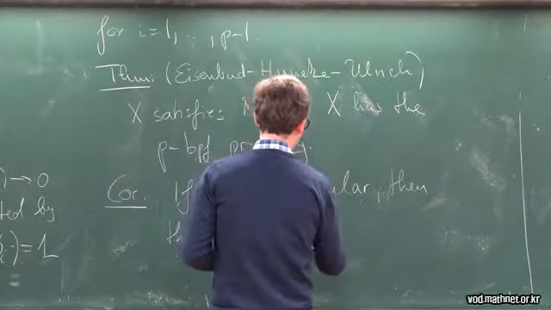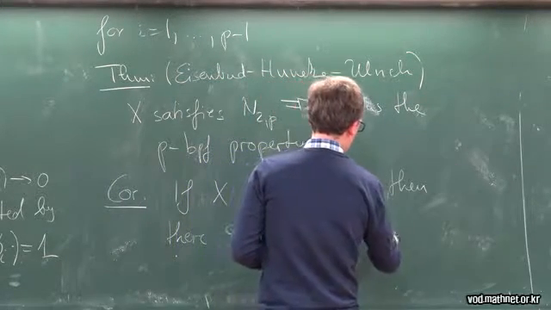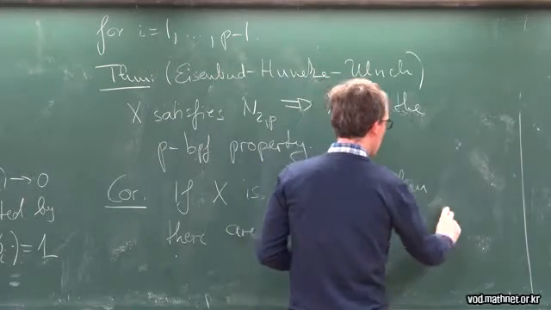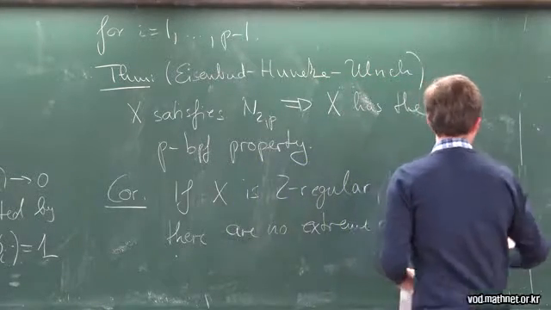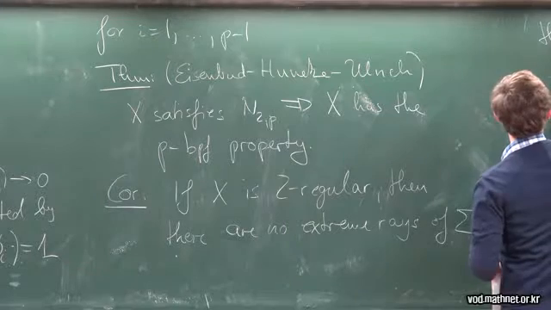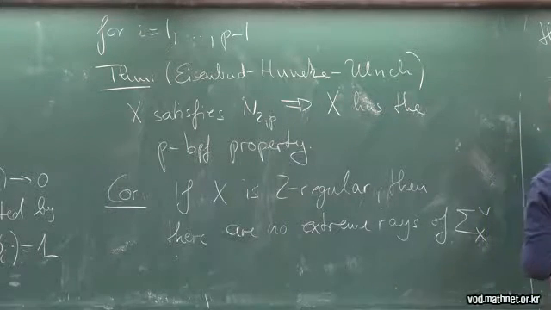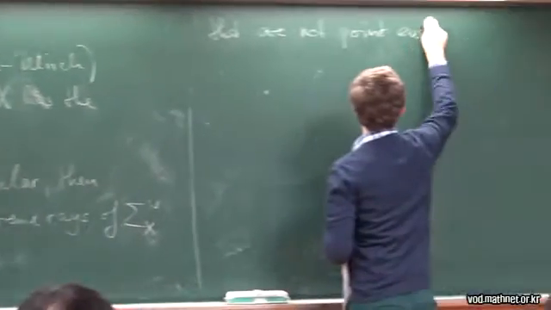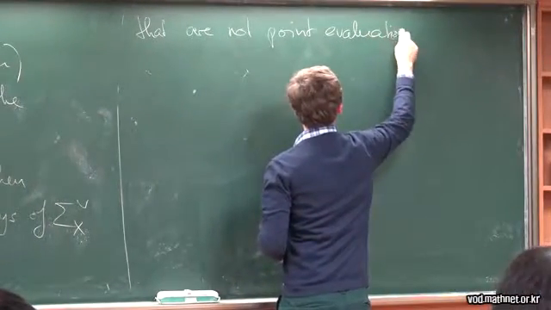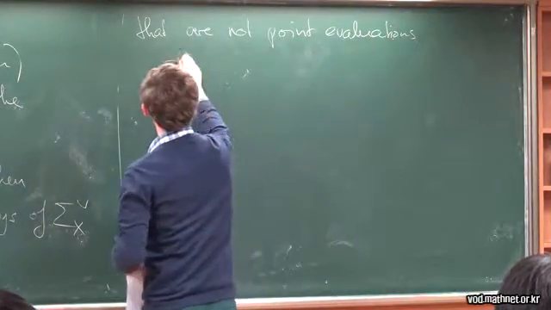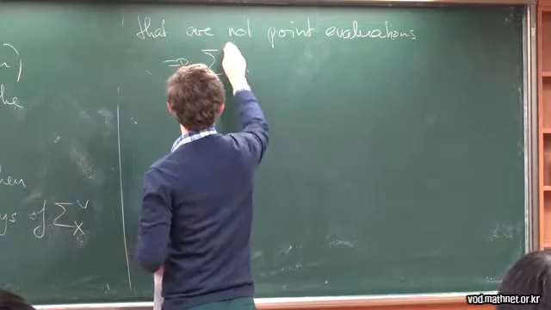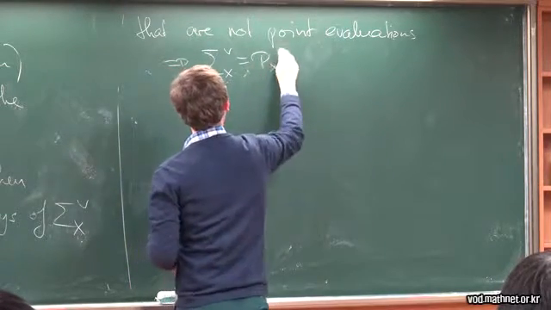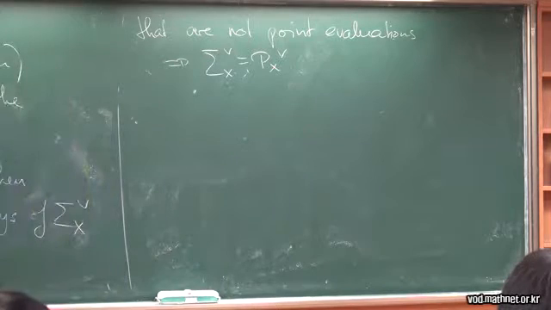So there are no extreme rays of sigma x star that are not point evaluations. Well, this is a complicated way of saying that the cones are the same. So that's one direction of our theorem.